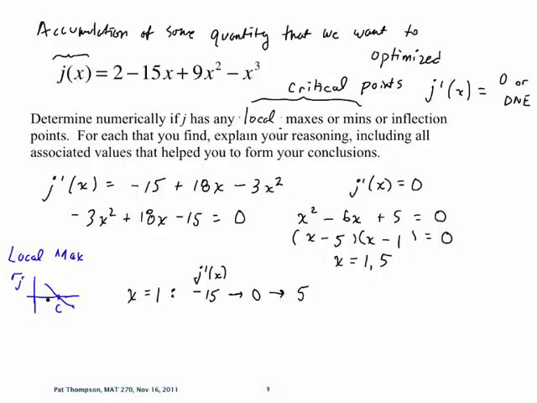I'm seeing what the first derivative is to the left and to the right to see if they're positive or negative and see what situation we have. When I plugged in a number to the left of 1, I got a negative first derivative. At 1, the derivative is 0. And when I plugged in a number greater than 1, I got a positive, 9.